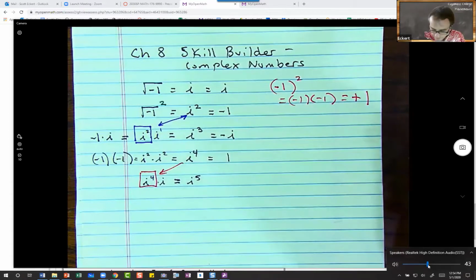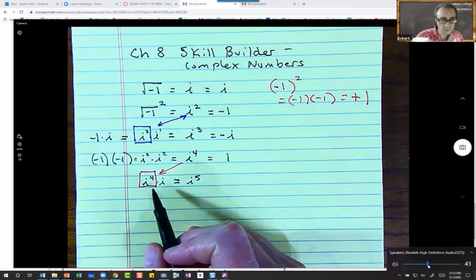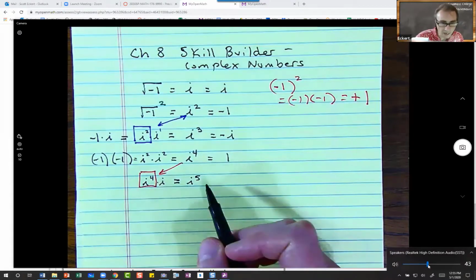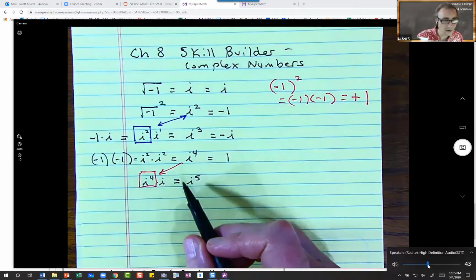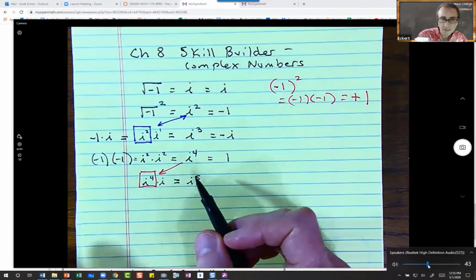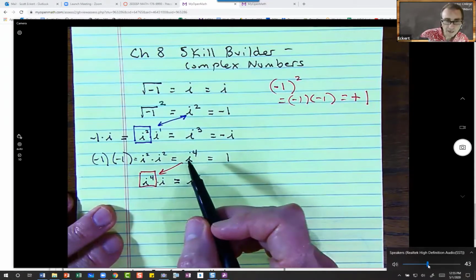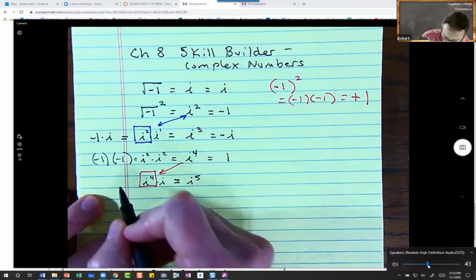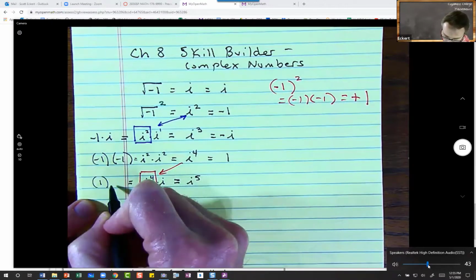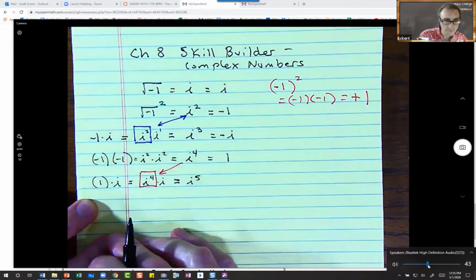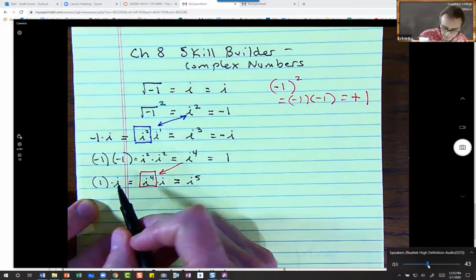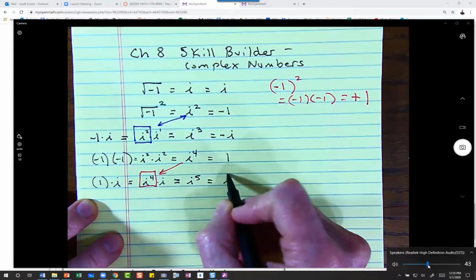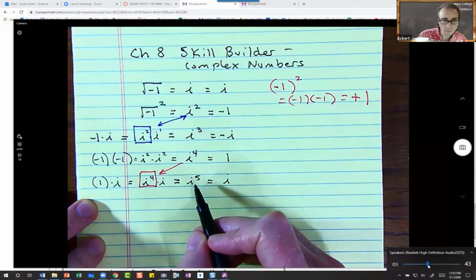Okay, so there is a +1. You're right about that. But there's no plussing here. It's all multiplying. Because I have i to the fourth power times i to the 1 power makes i to the 5th power. I figured out i to the 4th power equals 1. So this problem is like 1 times i, and 1 times i equals i. i to the 5th power equals i.